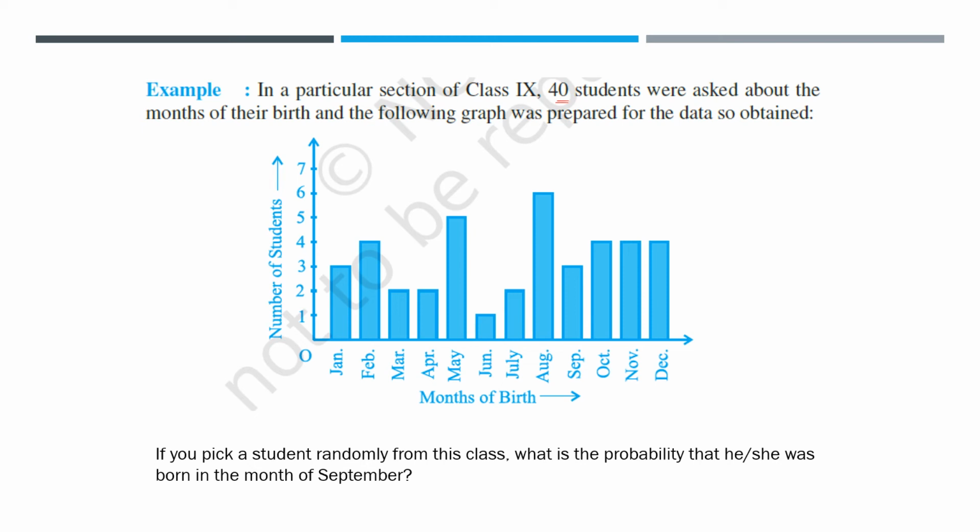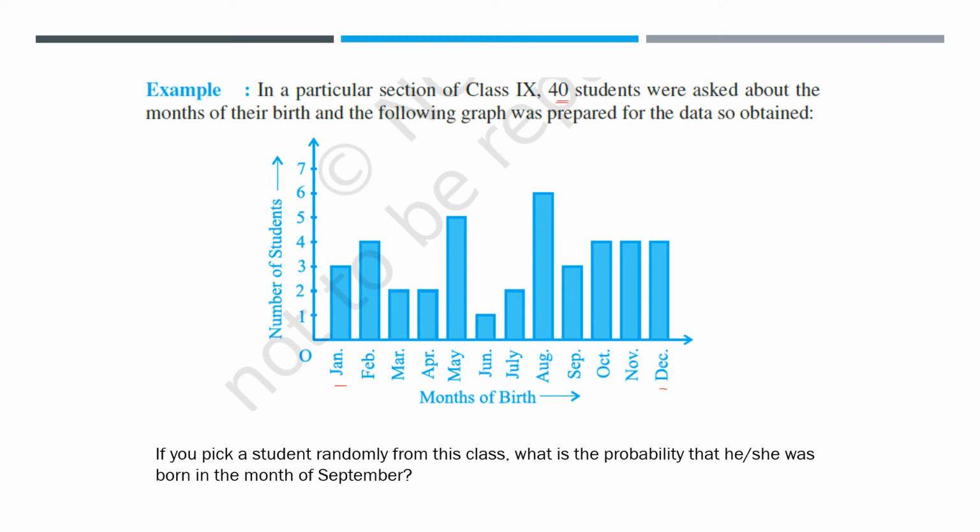Interestingly, here the data is given in a graph. And what did we note here? Each month, January through December, and the number of students who were born in that month. If you pick a student randomly from this class, what is the probability that he or she was born in the month of September?